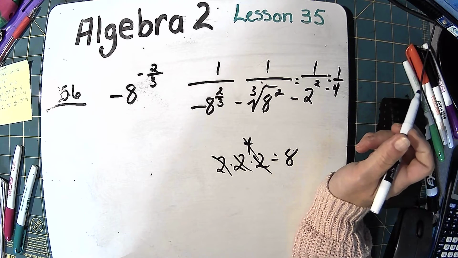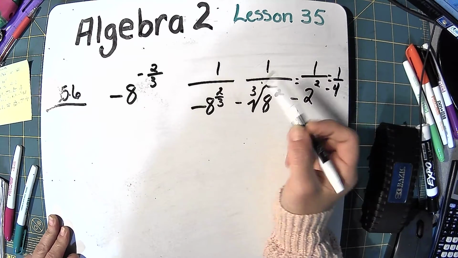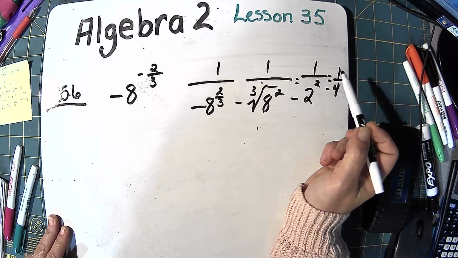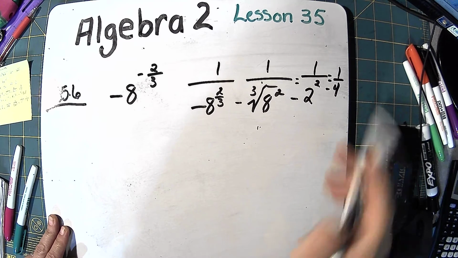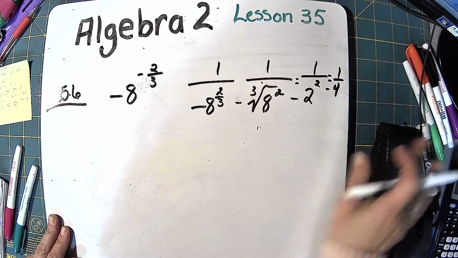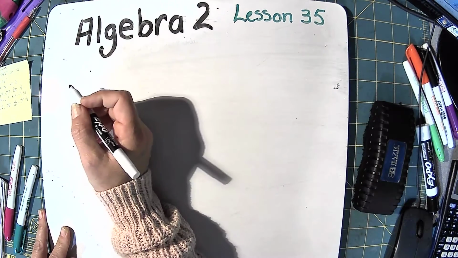Is the answer to that one, negative 1/4. All right, I could have said 8 times 8 is 64 and found the third root of 64, which is 4. But it was easier to find my root first and then find my exponent.